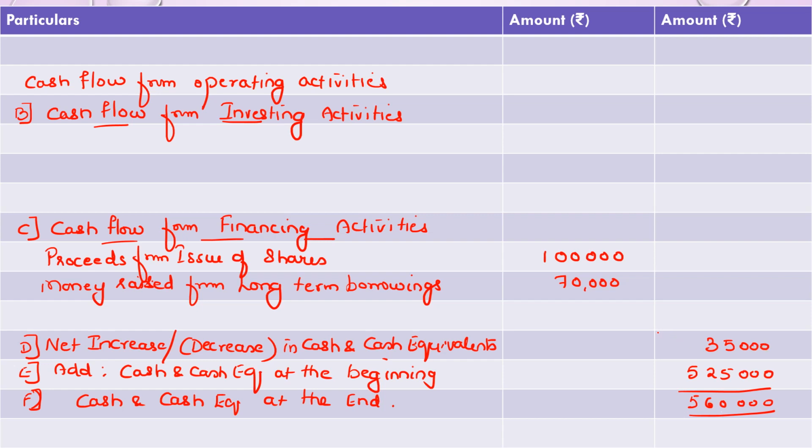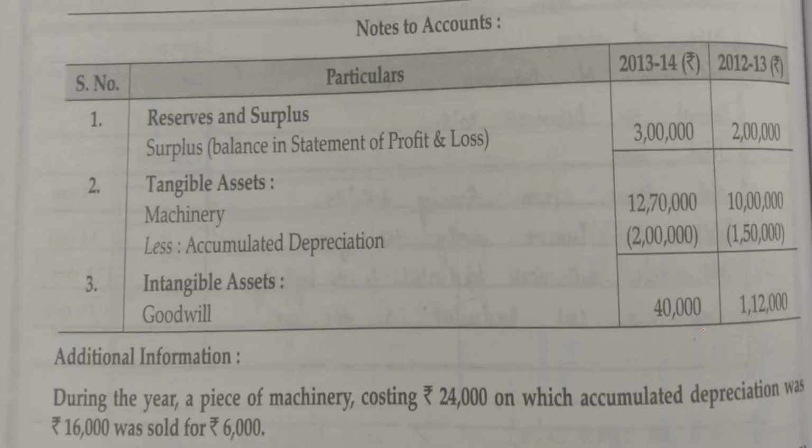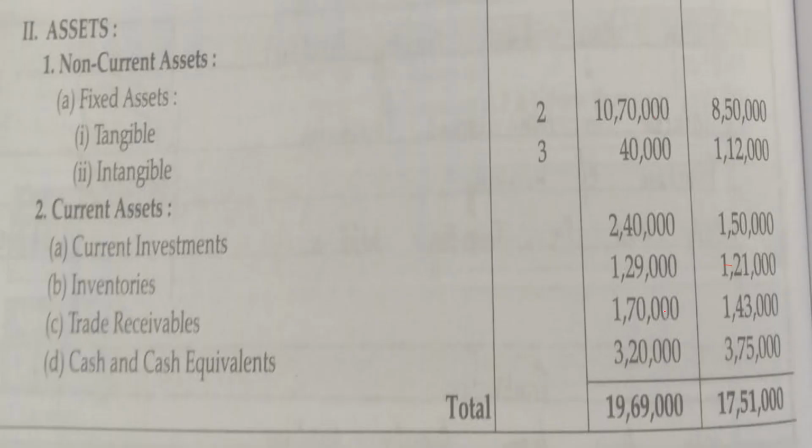Then only it will become 5,60,000. Now this we just noted down. Once we finish the cash flow statement and total up the three activity cash flows, it should be equivalent to 35. Then it means that we have done the question correctly. Now, having taken these two items, we are left with just inventories and trade receivable.